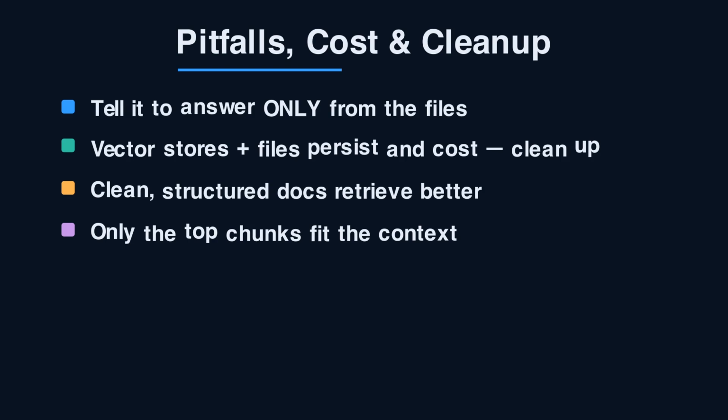Third, retrieval quality depends on chunking. Very long or messy documents retrieve worse, so clean, well-structured files help. And finally, the model still has a token limit, so only the top retrieved chunks fit. That is by design, not the whole document.